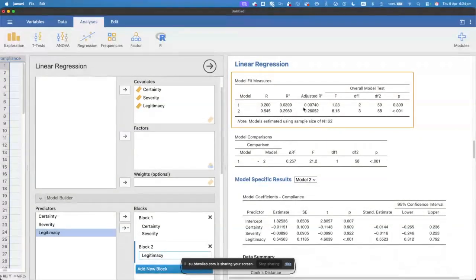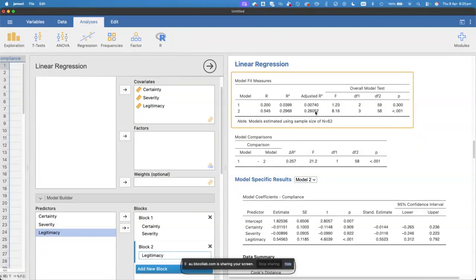We have here our R squared. So what's the amount of variance in compliance accounted for in Model 2? Point 26052.